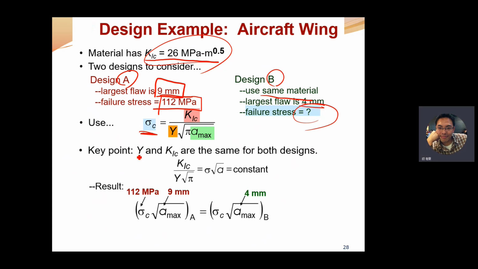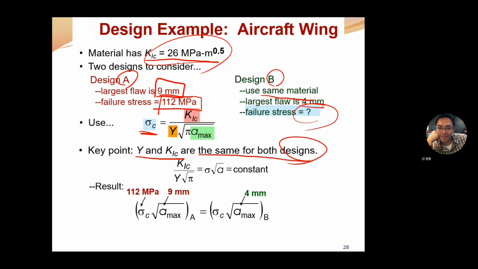Y and K1C are the same for both designs, because we use the same material and the same fracture mode.